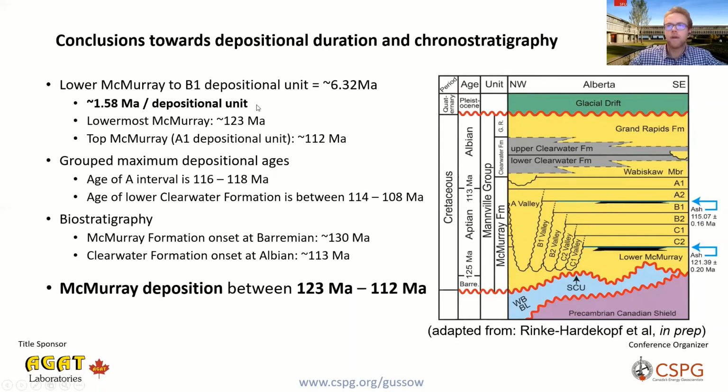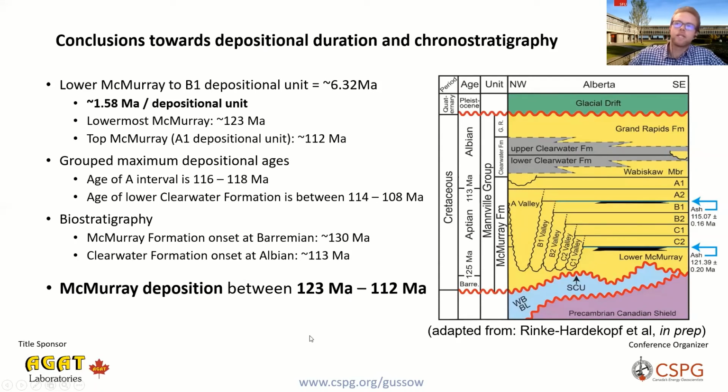If we calculate this relative to depositional units, we can figure out that individual depositional units correspond to about 1.6 million years of deposition. If we extrapolate that to the lowermost McMurray, that gives us an onset of deposition at 123 million years. And if we extrapolate that to the younger depositional units, that means the top of the McMurray Formation, or the A1 depositional unit, should have been deposited at about 112 million years.